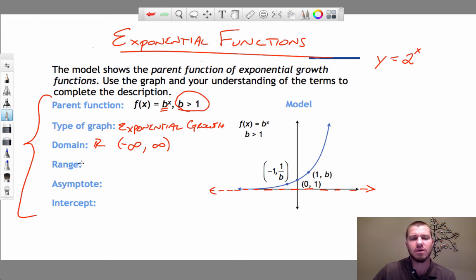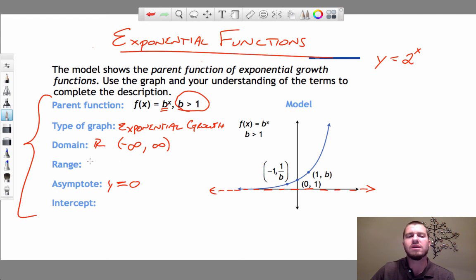So let's skip range and go to the asymptote. The asymptote is at the equation y equals 0. It's a horizontal line, so the equation is y equals, and for the parent function, it's at y equals 0. So that means that the range does not go past this asymptote, or does not go past 0.